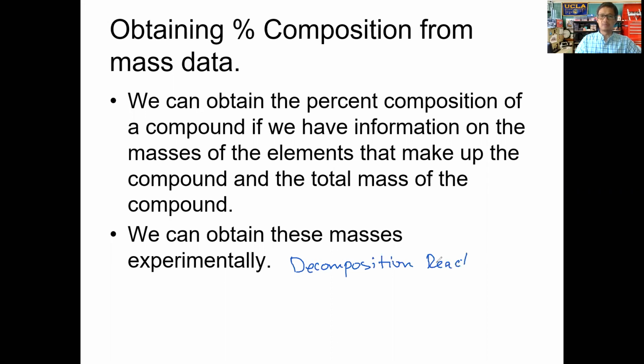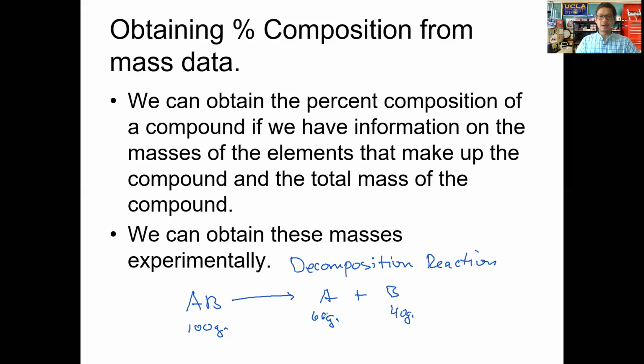Remember we did this. We can take a particular compound, especially if it's diatomic, binary, and break it up into its elements. And so if we have a certain mass here, let's say we had 100 grams that we started out with, and then when we break it down, we end up with 60 grams of A and 40 grams of B, and that has to be the case.